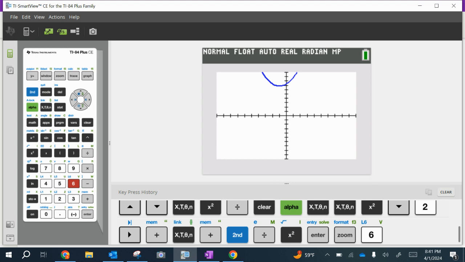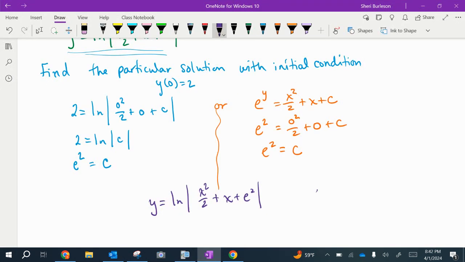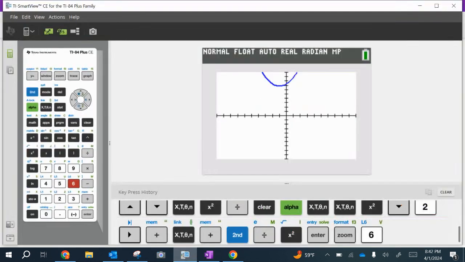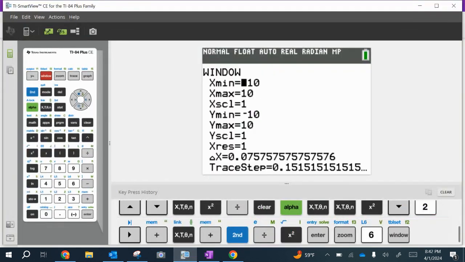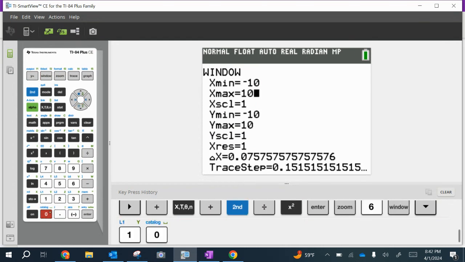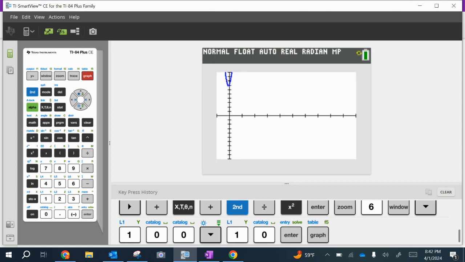I feel that I have pretty solid evidence to state that x squared over 2 plus x plus e squared will always be positive, but let me change the window just so that you can feel more confident. Let's go to 100 and count by tens and graph that.